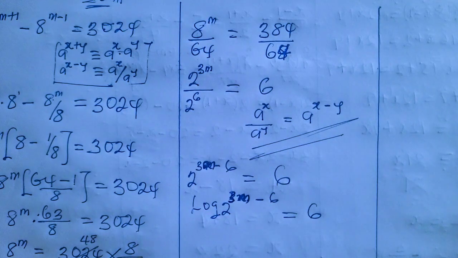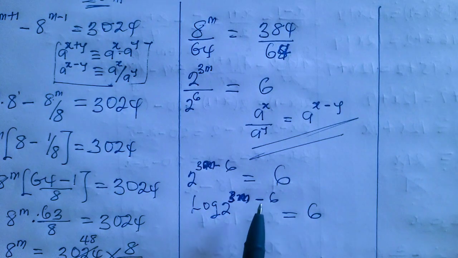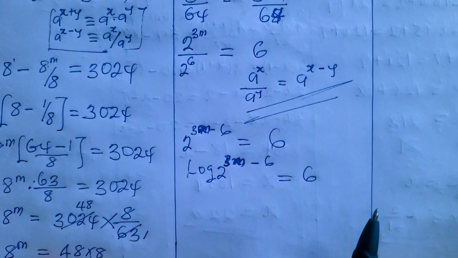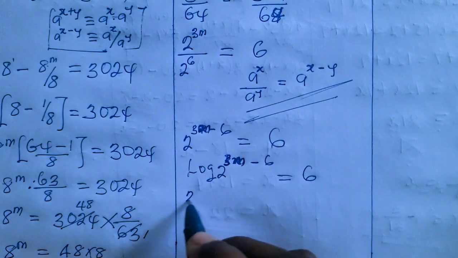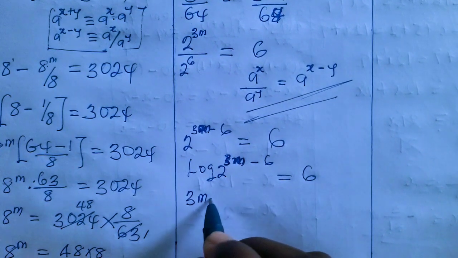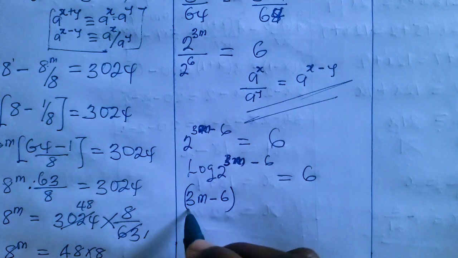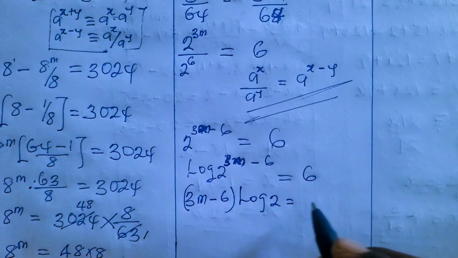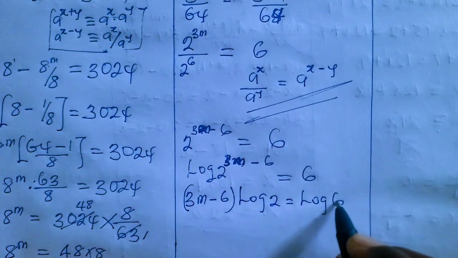Now, I'm going to apply the power rule here. I'm going to bring this power on top of 2 to the front of the log, and the equation becomes 3m minus 6 log 2 equals log 6.